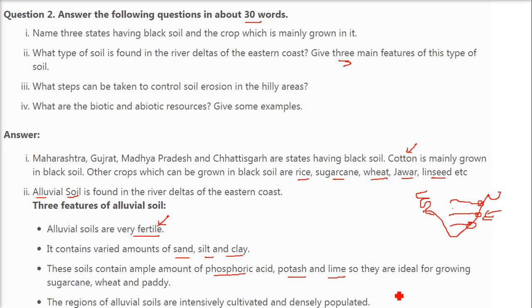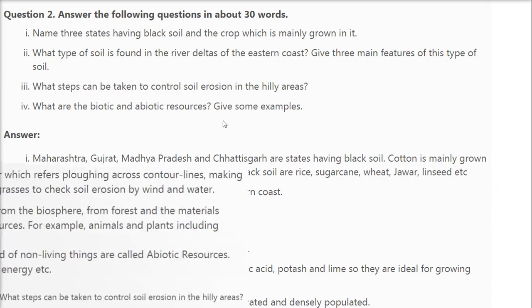So they are ideal for growing sugarcane, wheat and paddy. And the regions of alluvial soils are intensely cultivated, Saghan Krishi, and densely populated.